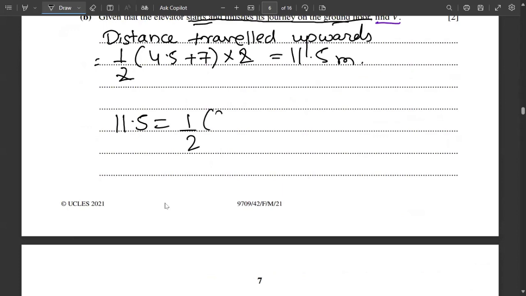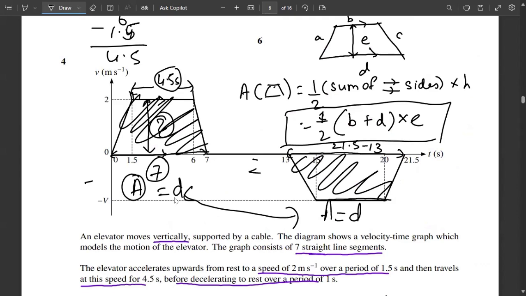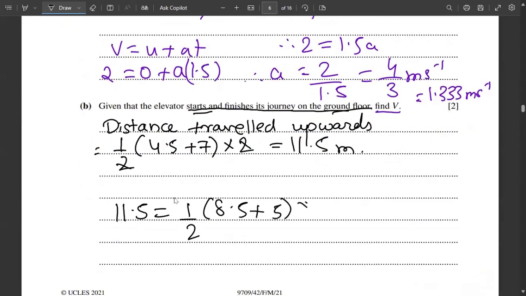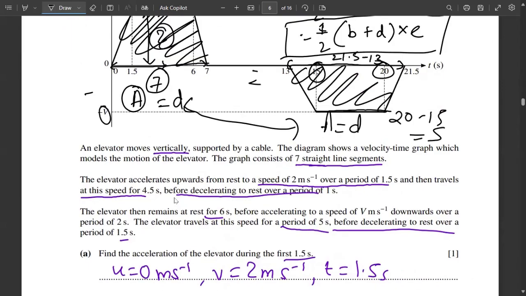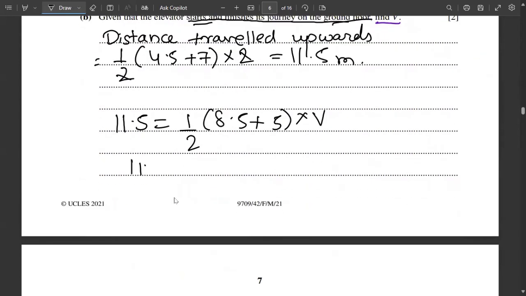So half into 8.5 plus this length, which is 20 minus 15, which is 5. And what is the height? The height is V. So the answer will be 11.5 into 2 upon 8.5 plus 5, which is 13.5, equal to V. Therefore, V is 11.5 into 2 upon 13.5.